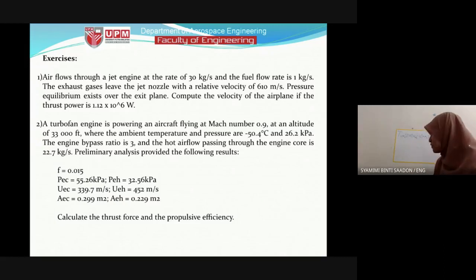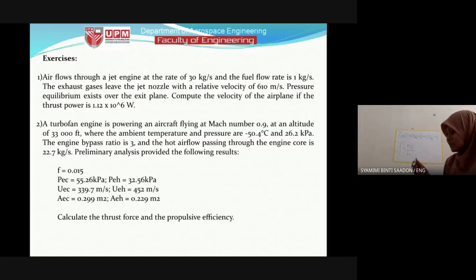Since it is given in terms of the fuel ratio, instead of putting MF here, we reformulate it in terms of the fuel ratio. So F, fuel ratio, the definition is MF over MA, right? For this turbojet, MA is actually MH, the hot air. So MF over MH. Since we know MH and F, and we don't know MF, we reformulate MF as F multiplied by MH.